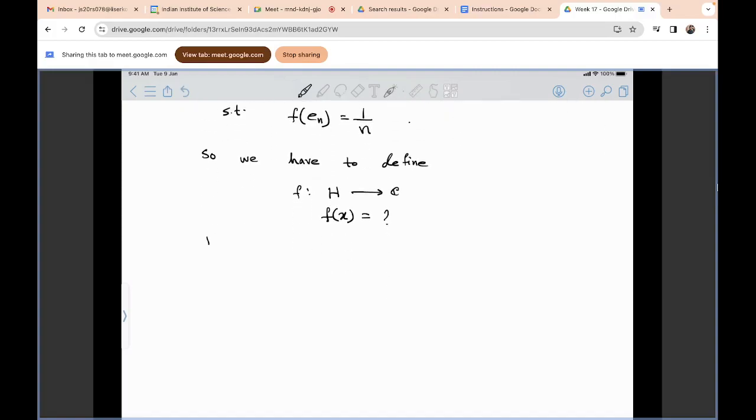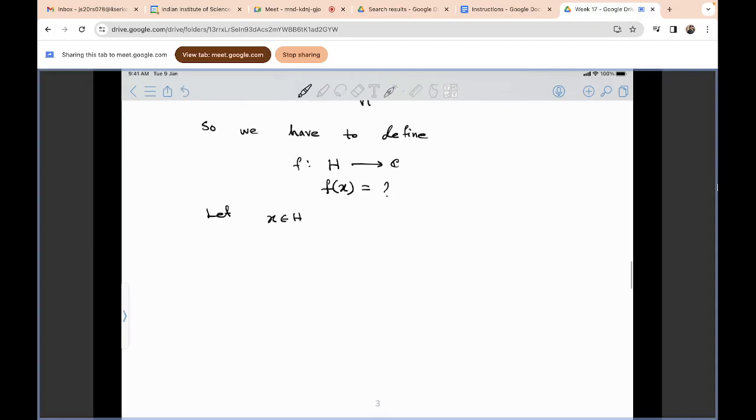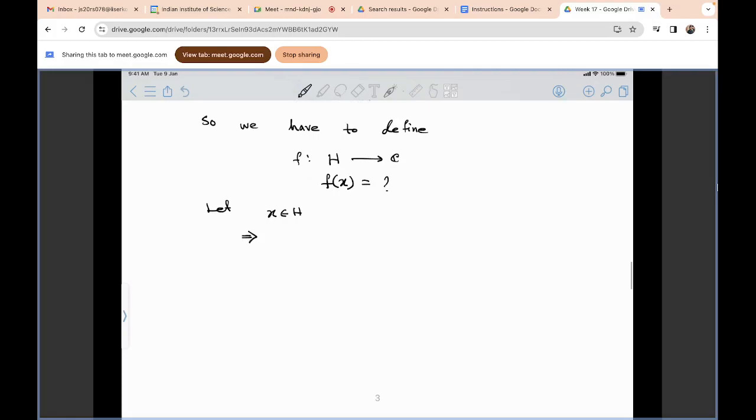Let x be in H, and we know the En are an orthonormal basis, which implies x you can write as the sum of x inner product En times En, n belongs to the natural numbers. Why can you write this? As the En are an orthonormal basis.